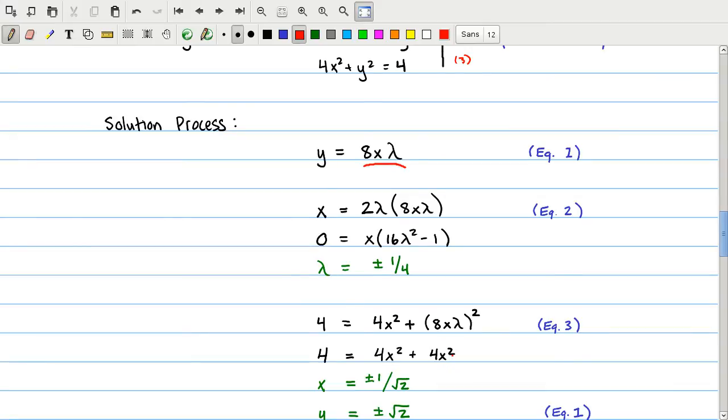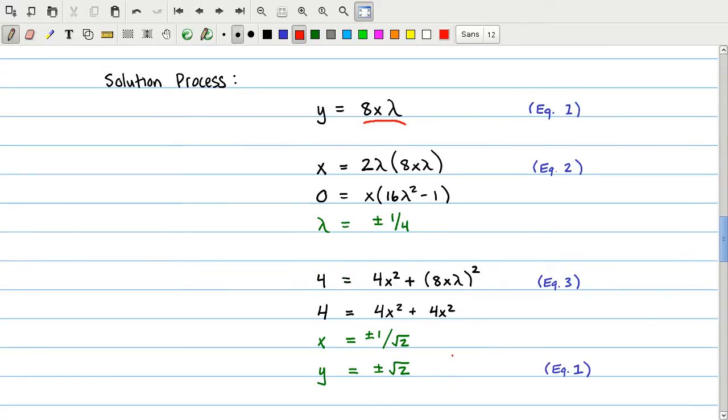So that's 2x squared equal to 1, which gives us x equals plus or minus 1 over the square root of 2. But then y is 8 times plus or minus a quarter, that's plus or minus 2 times x. And so when we multiply x by plus or minus 2, we get plus or minus square root of 2. So we have now found all 3 of our unknowns.